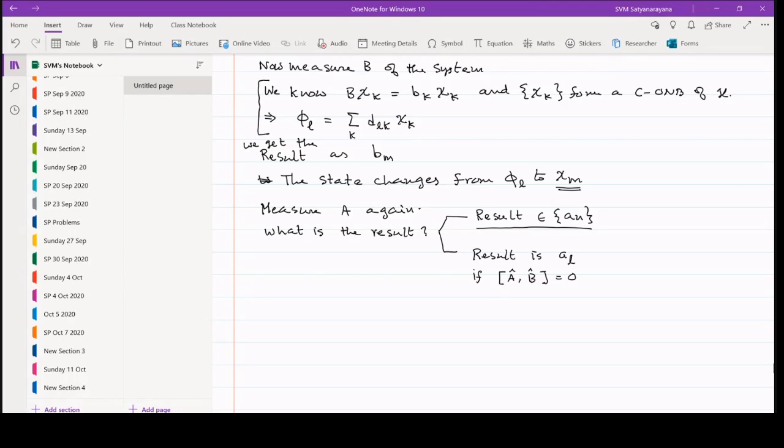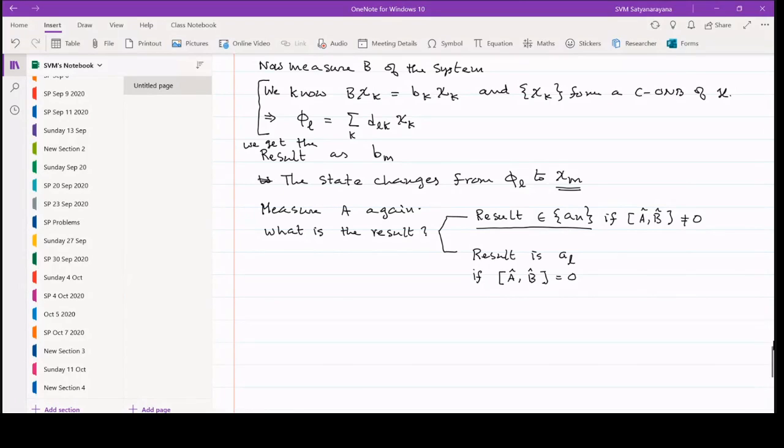If they don't commute, then the result will disturb the previous state, and you have only this situation. If they commute, then the result can be AL itself again. So this is what happens if you have this sequence of measurements.